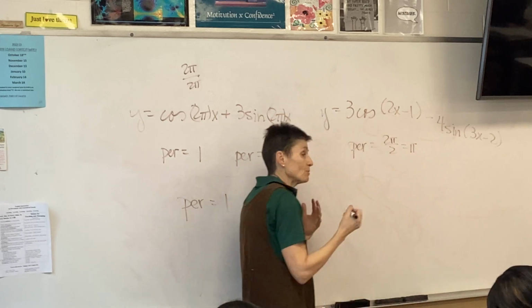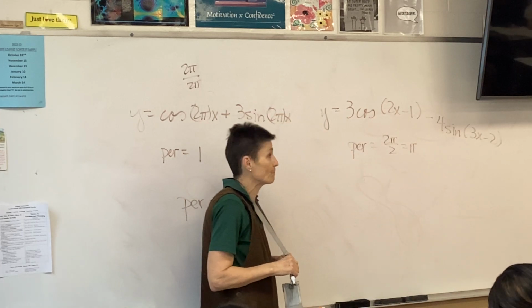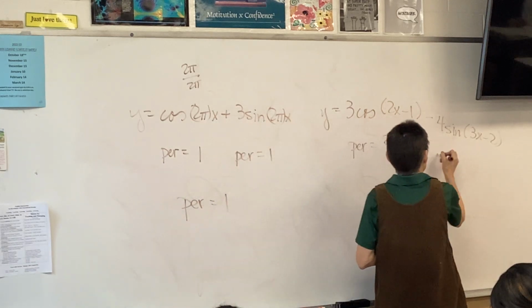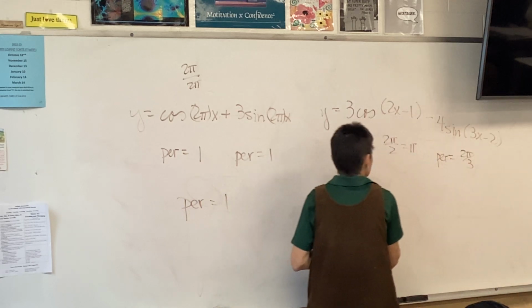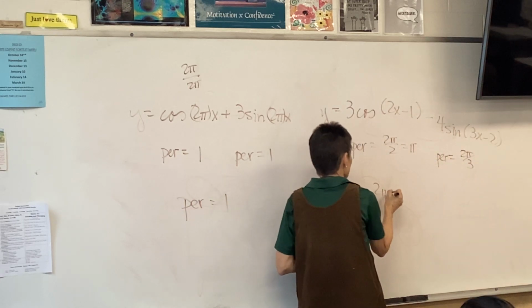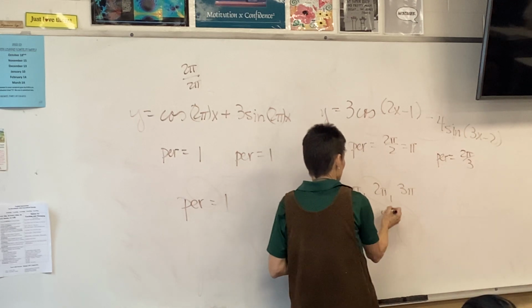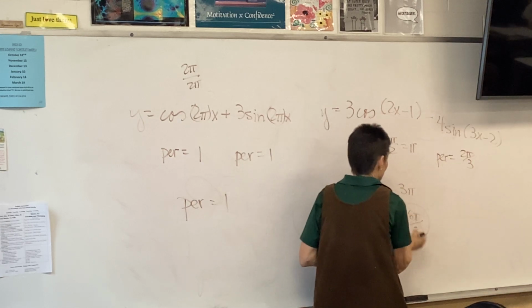If you want to factor it out, go ahead, but you certainly don't have to, unless you're graphing it. What's the period here? I think we already did this one. It's the same. So we got pi, 2 pi, 3 pi, and 2/3, 4/3, 6/3. Is this period 2 pi? Yes.